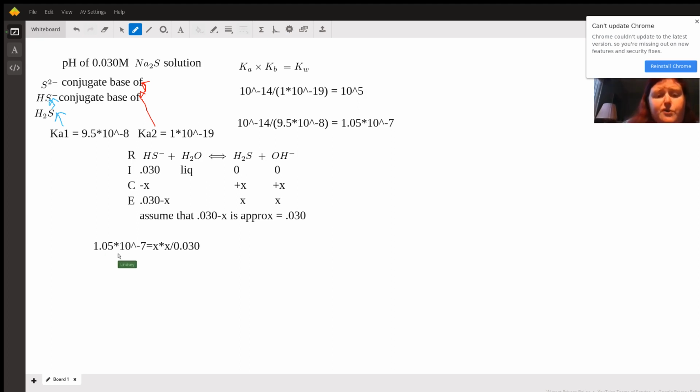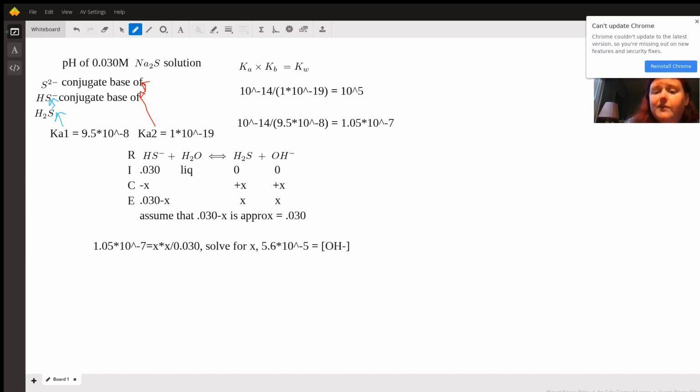So if we solve for x, we get 5.6 times 10 to the negative 5. And remember, that is going to equal the concentration of hydroxide ions.